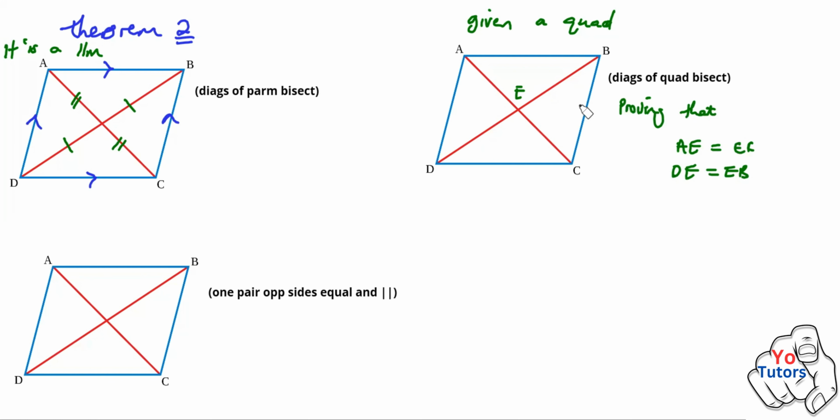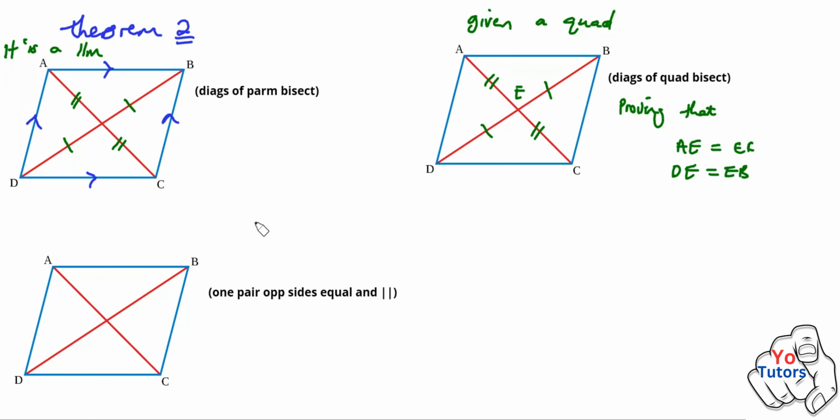If we find that the diagonals are bisecting, then we can say this quadrilateral is a parallelogram. So just know what to do when you're given a question.